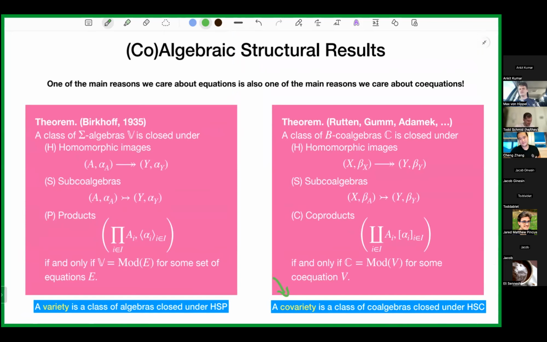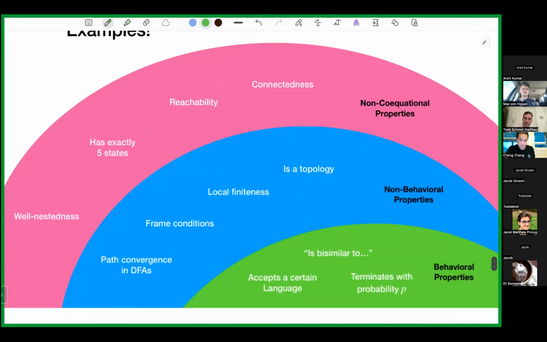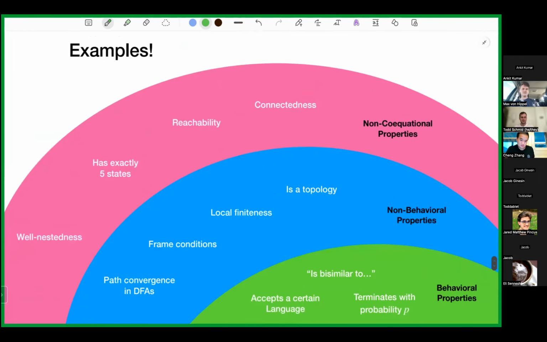I have a slide here where I've written down some different properties which you can determine using coequations, and some you can't. The blue and green in the bottom right here are all properties that you can characterize using coequations.